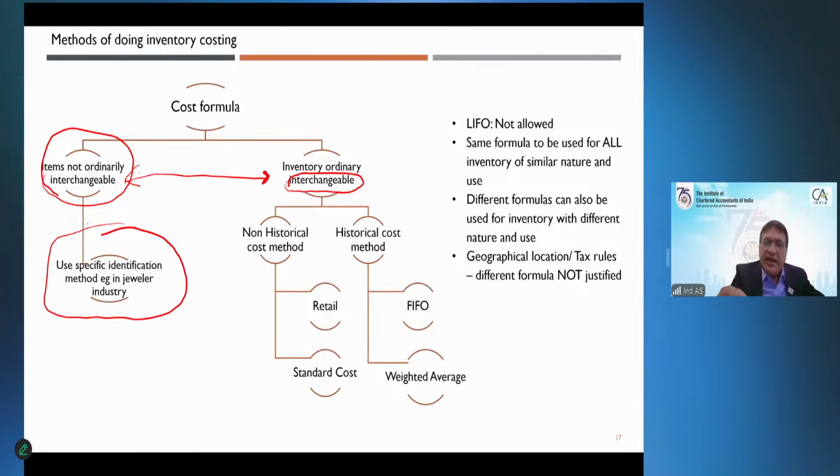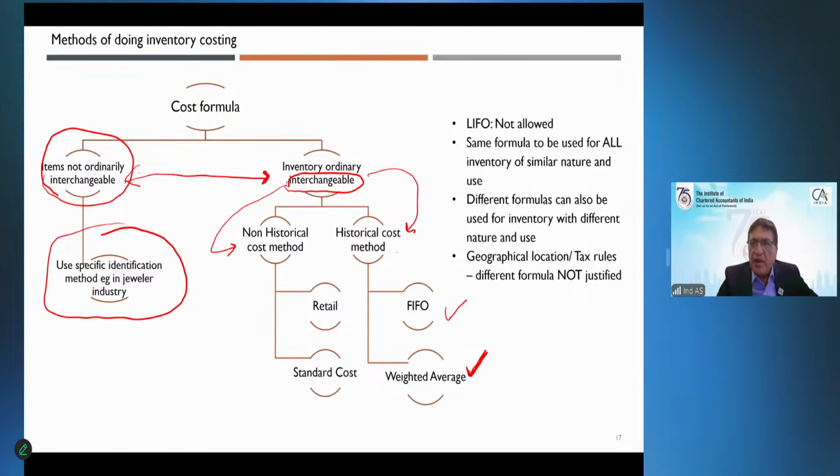Now, for interchangeable items, inventory valuation can be based on either a non-historical cost method or a historical cost method. When I say FIFO or weighted average, which are the two most important cost methods or cost formulas as we say, in this case they are called historical cost methods.